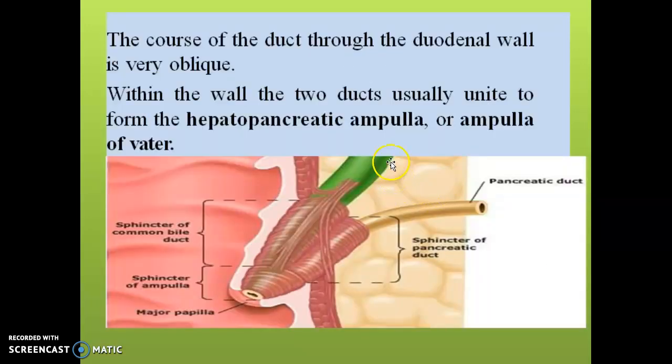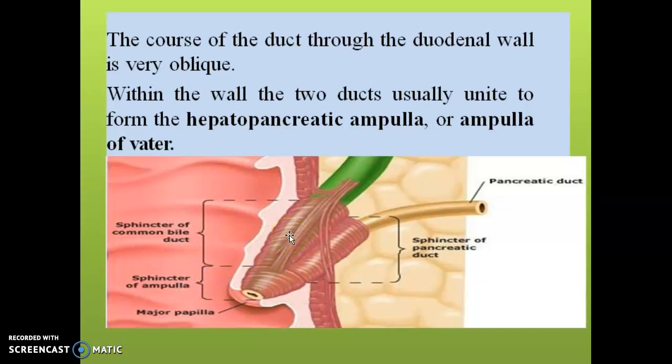So this is the common bile duct and this one is the pancreatic duct, which join to form a common passage by way of a sphincter called the sphincter of the ampulla.